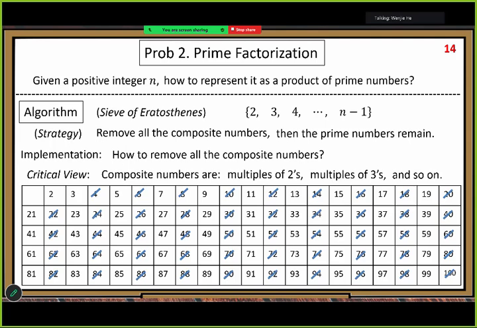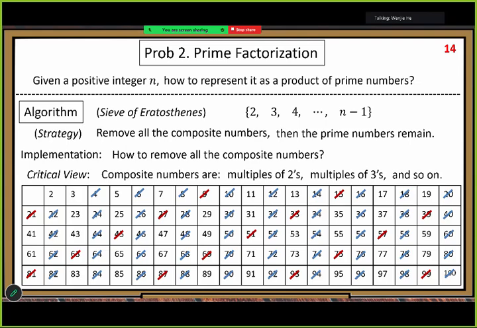Next round, when you cross out multiples of 3, do not cross out 1 multiple of 3. Cross out starting from 3 squared. That's the second round. Third round, you need to cross out multiples of 5, but starting from 25, 5 squared.